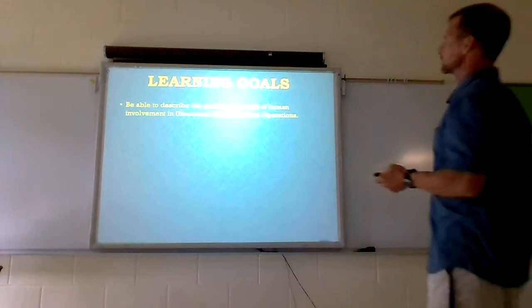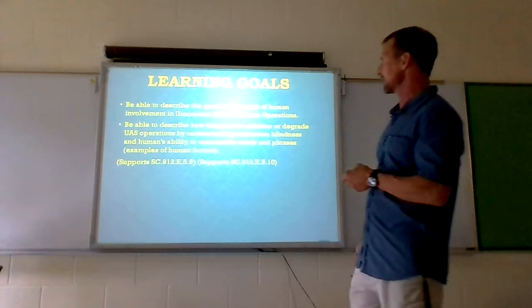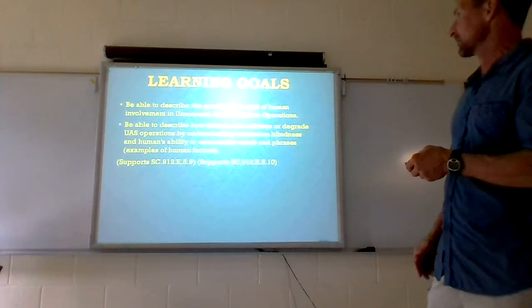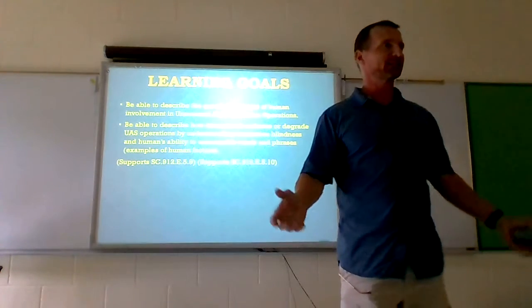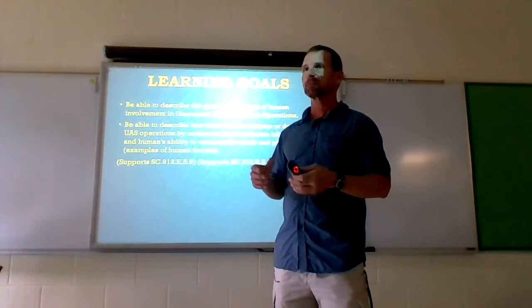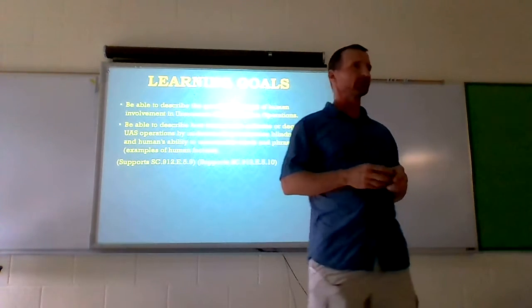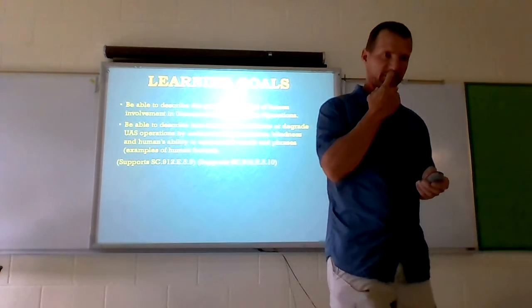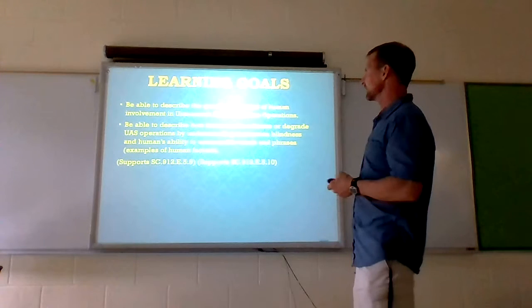Learning goals for today: be able to describe the good and bad of human involvement in unmanned aircraft systems, specifically be able to describe how humans can enhance or degrade UAS operations by understanding inattention blindness. We'll cover inattention blindness. We'll cover the definition, short video, thanks to the USI, the safety course, showed me a great video, and I decided to share that as part of my lesson today.